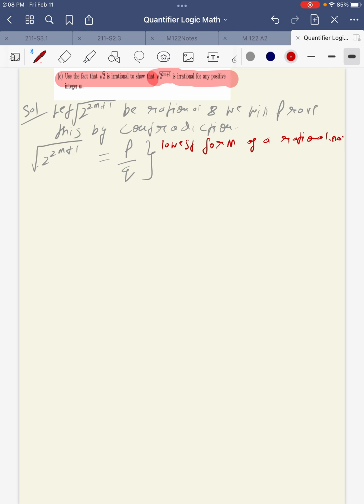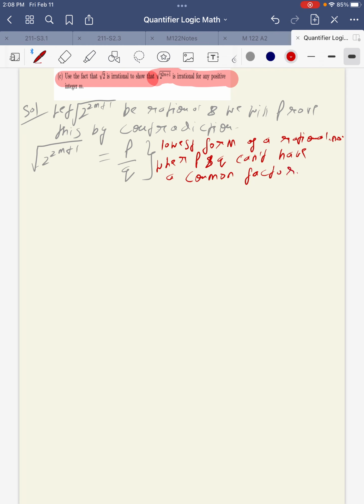And in the lowest form of a rational number, p and q can't have common factors, because the lowest form can't have any common factors.